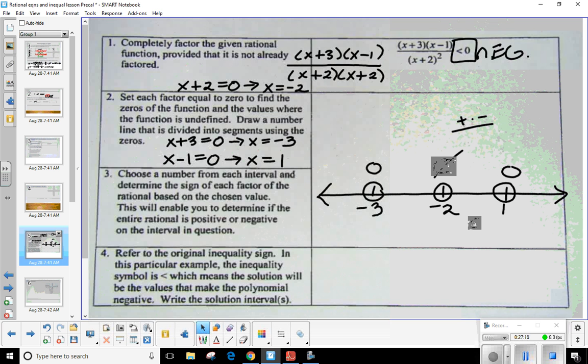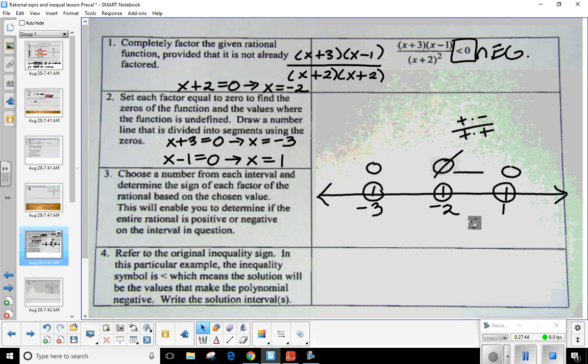Now, it always repeats, so we only have to do it once. What's 0 plus 2? A positive, so I'm going to put a positive. We put it twice because I have 2 groups, but we only have to evaluate it once. Is everybody okay with that? So what would this one become? This is a negative. So is this already going to be something I want to write down as an answer? Yes, it's a negative interval.